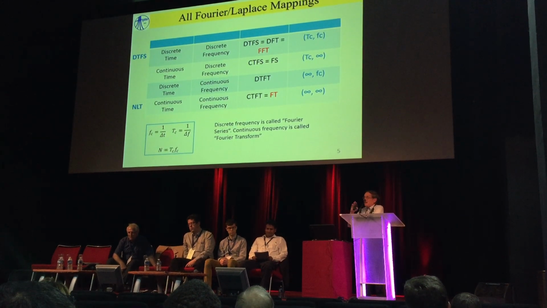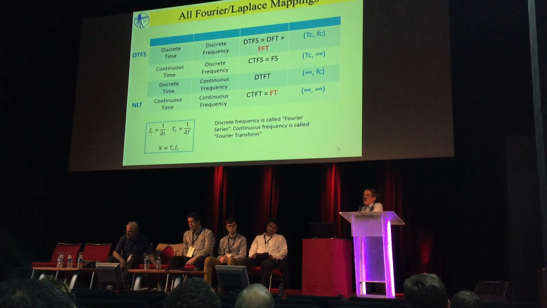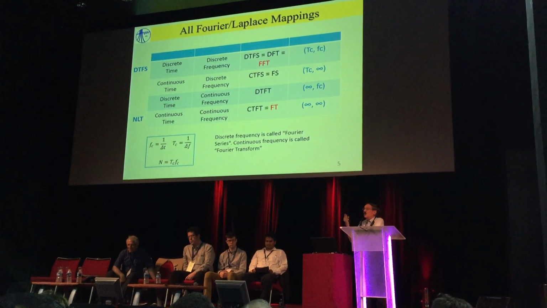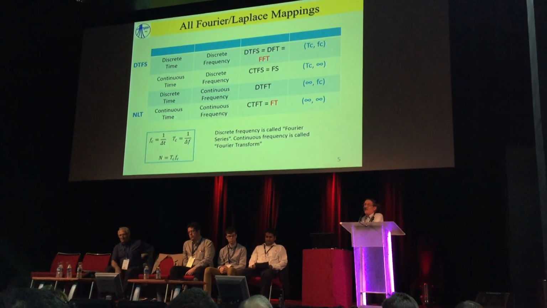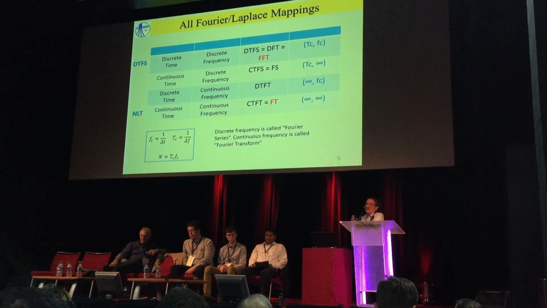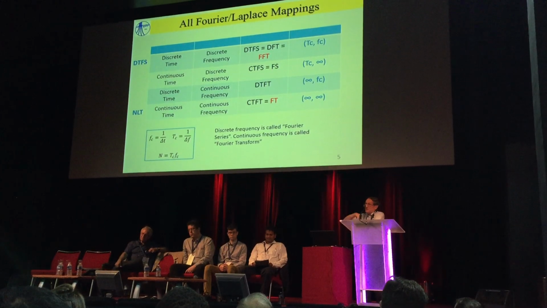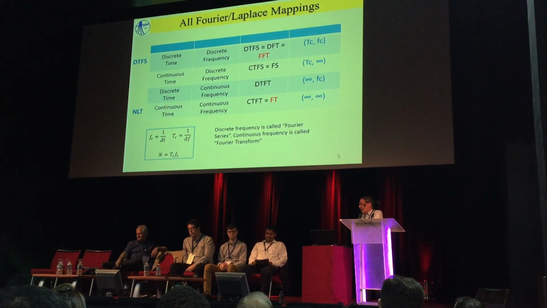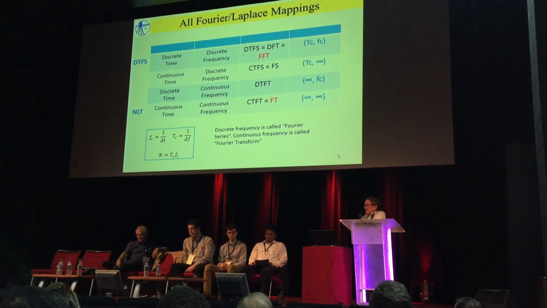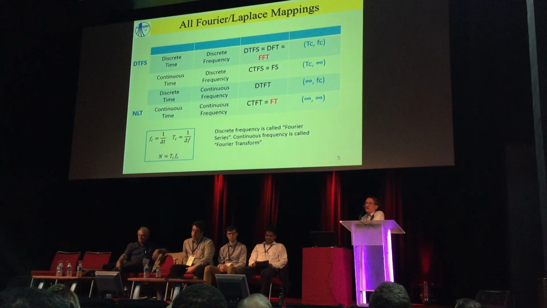So the original thought was to take the Fourier transform of a time signal. As such, the time signal is considered continuous, so your delta t is very small, which gives you an infinite frequency window, and vice versa. You assume that the frequency transform is continuous, which when you come back to time, gives you an infinite time window. As I said, when you use the DTFS, the time window and the frequency window are finite.